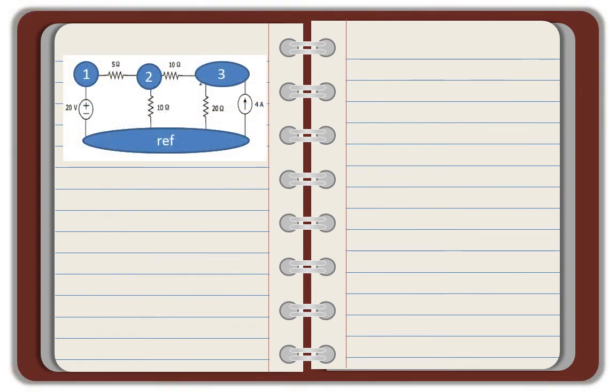So let's continue on solving the equations. First, we're going to be at node 1. If you look at node 1, there is a voltage source, wherein the negative side of the voltage source is connected to the reference node. Therefore, V1, or the voltage at node 1, is equal to 20 volts.